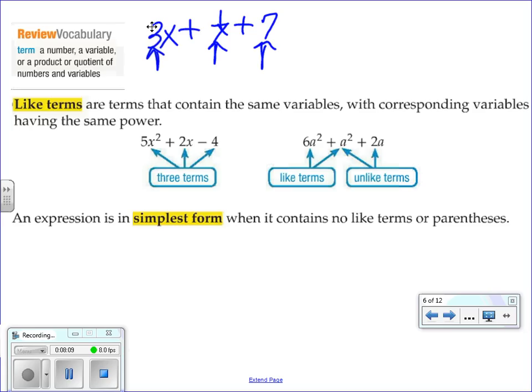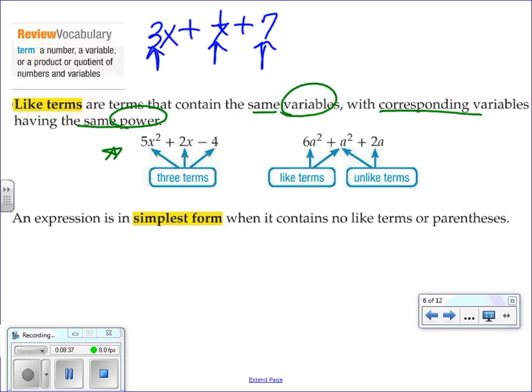All right, like terms are terms that contain the same variables. And they also have to have the same power. So same variables, and they have to have the same power. So here in our example right here, we have 3 terms, 5x squared, 2x, and -4.